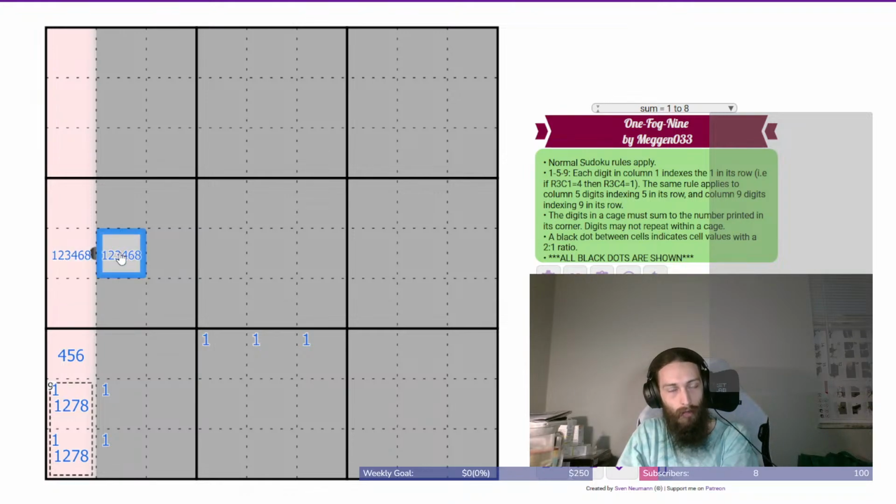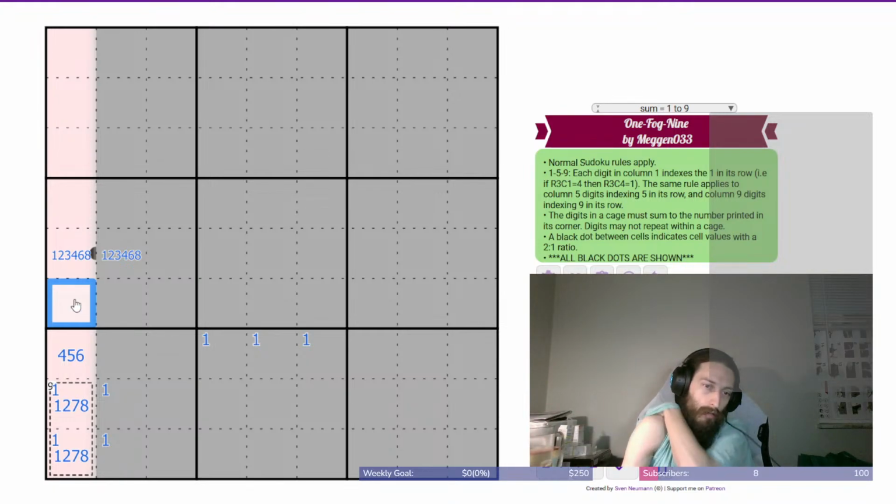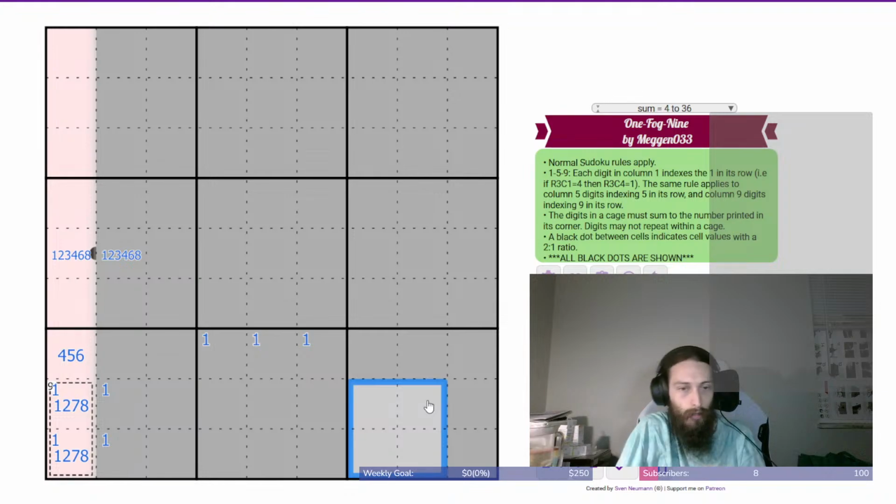A 2 makes that a 1. A 3 makes that a 6, and this a 1. Then you've got 4 and 5, your options for the middle. It is still 7, 8, 9. And here it's an 8.